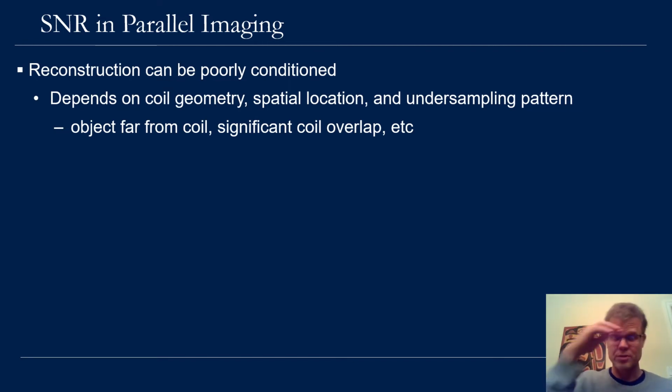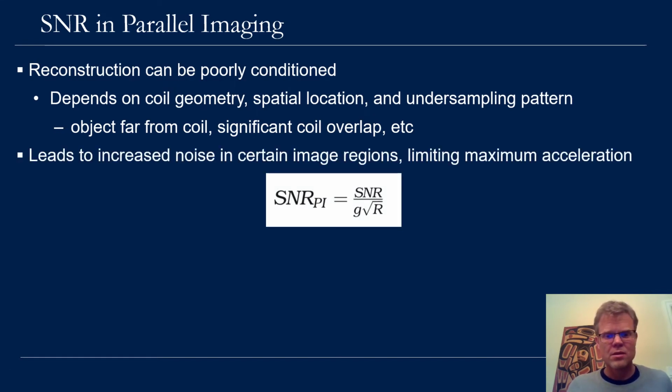We're trying to use the coil geometry as an additional spatial encoding piece, but if the coils are not configured in the right locations, or we don't do the undersampling correctly, then there's not enough information in the RF coils to do the reconstruction problem. This poor conditioning leads to increased noise in certain imaging regions, and ultimately limits how much parallel imaging acceleration we can perform.